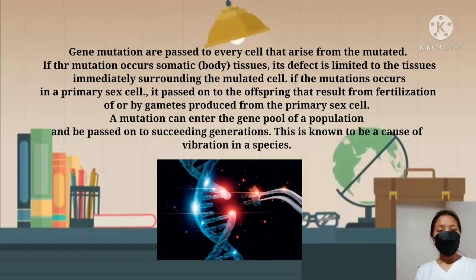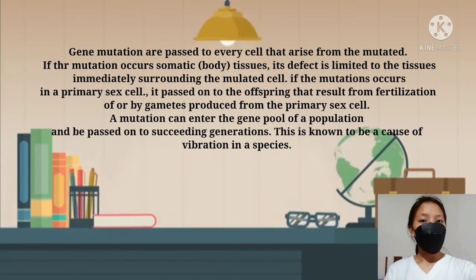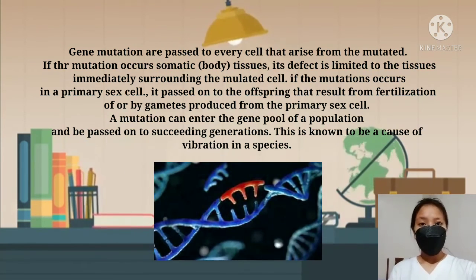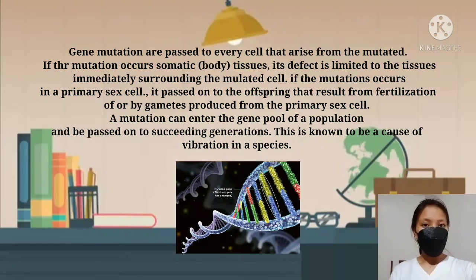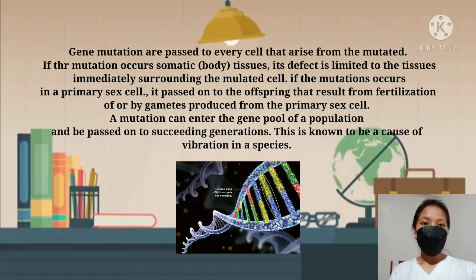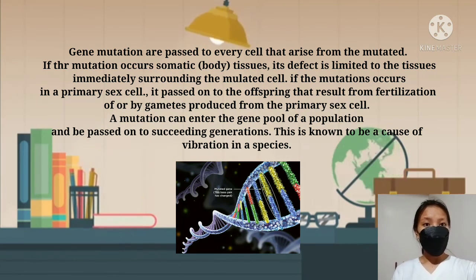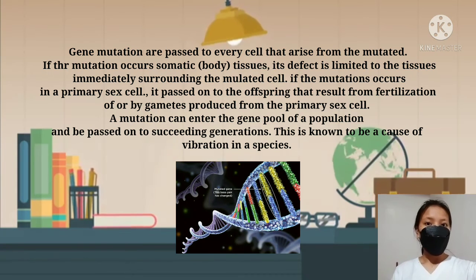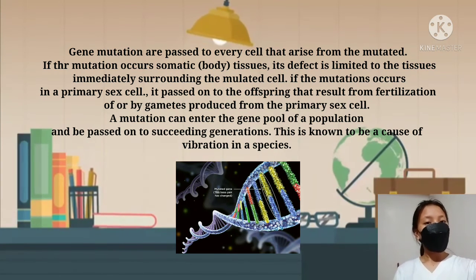If the mutation occurs in a primary sex cell, it passes onto the offspring that result from fertilization by gametes produced from the primary sex cell. A mutation can enter the gene pool of a population and be passed on to succeeding generations. This is known to be a cause of variation in the species.